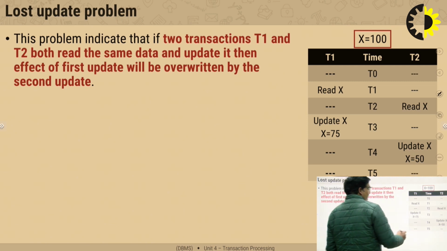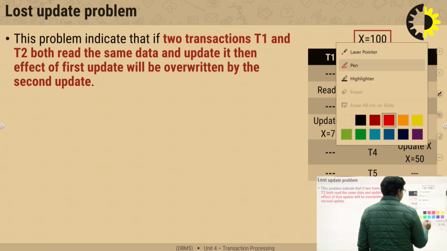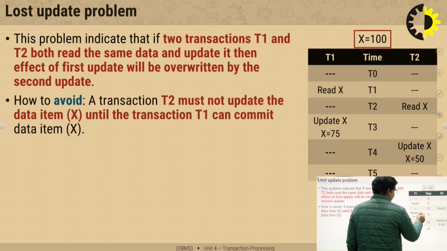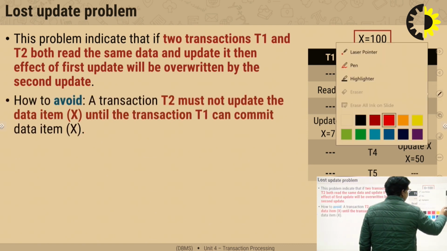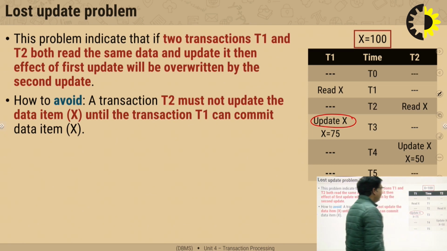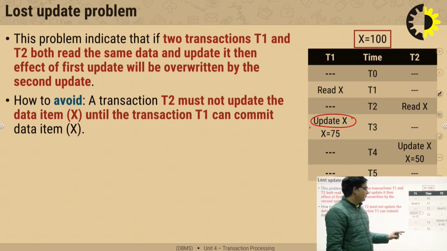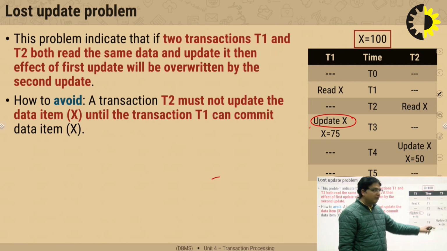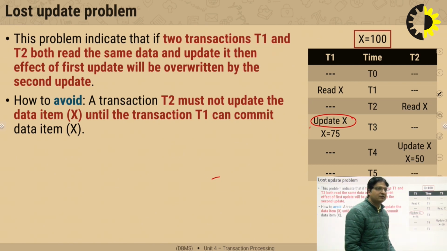One update is done by this transaction T1. This is the update by transaction T1. Now this update is lost by this particular transaction T2. So this is the lost update problem.